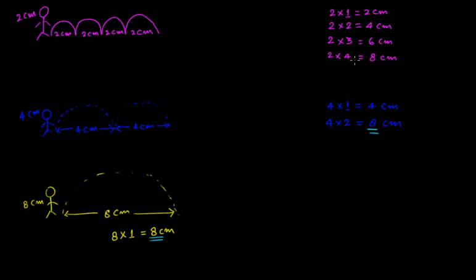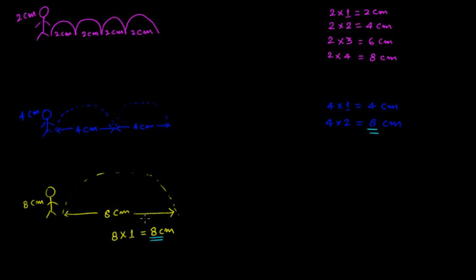Now you can clearly see that 2 times 1 is 2, 2 times 2 is 4, 2 times 3 is 6, 2 times 4 is 8. That is, these are the multiples of 2, right? That is the multiple of 2. 4 times 1 is 4, 4 times 2 is 8, multiple of 4. 8 times 1 is 8, 8 is multiple of 8.